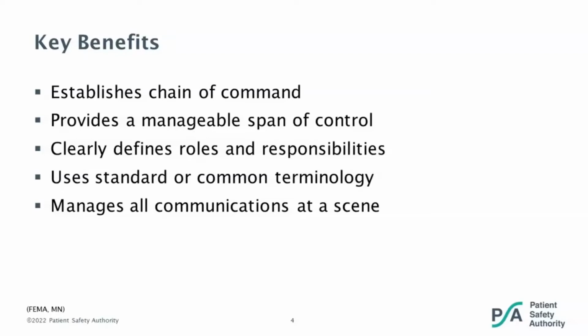The incident command system clearly delineates roles and responsibilities. It uses standard or common terminology to ensure communication. And it manages all communications at a scene through a common plan and has an established communications infrastructure.